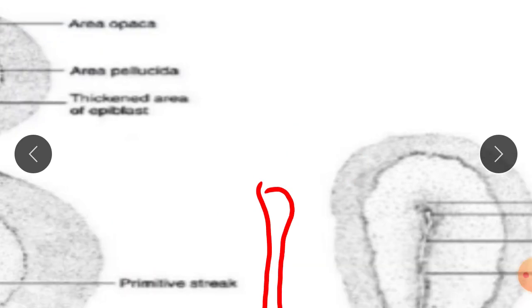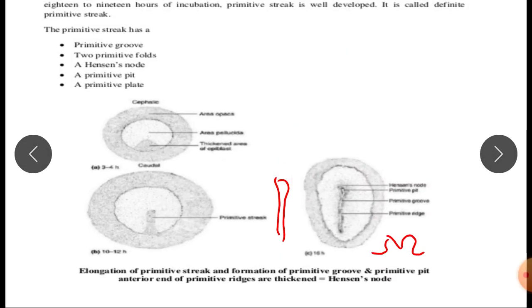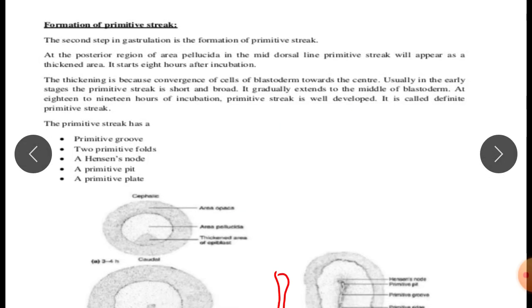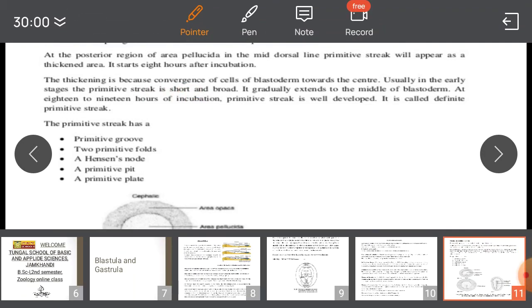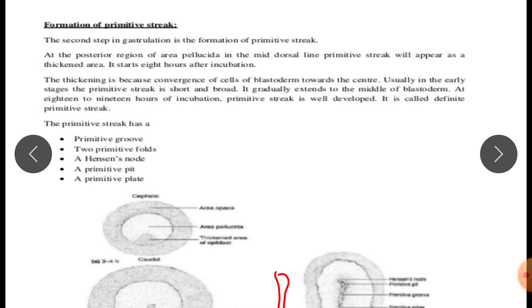So at the posterior region of the area pellucida in the mid-dorsal line, primitive streak will appear as a thickened area. It starts 8 hours after incubation. The thickening is because of convergence of cells of the blastoderm towards the center. Usually in the early stages, the primitive streak is short and broad.